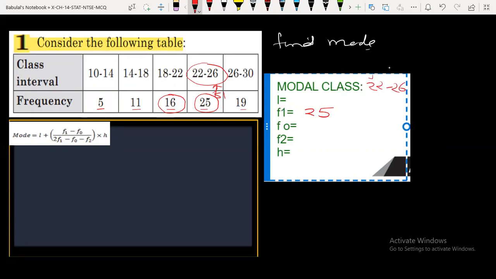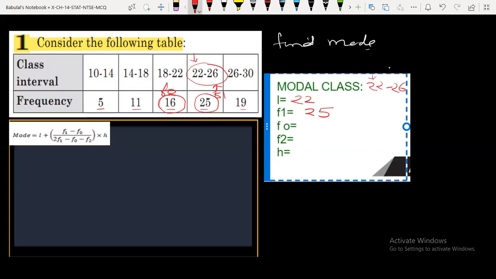So the lower limit of the modal class is 22. So in place of L, you can write 22. F0 is the frequency preceding the modal class. Modal class से पहले वाले class interval की frequency को हम F0 कहेंगे. So here 16 is F0.